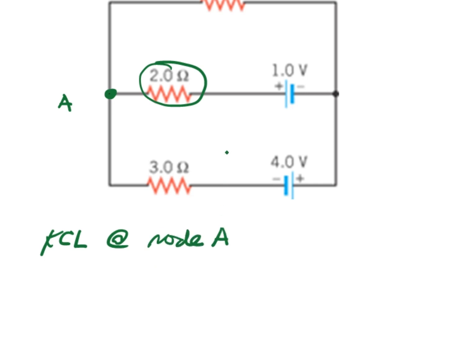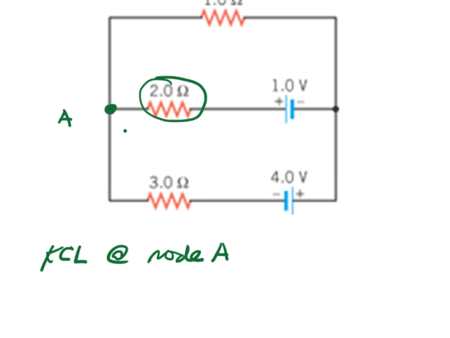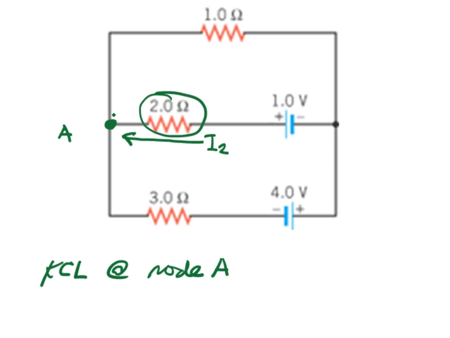KCL at node A. So let us assign a current for these 3 resistors. Let's say that the current on this 2 ohm resistor is going into the node A. So let's say this is current I2, and from this node goes out the current going to R1.